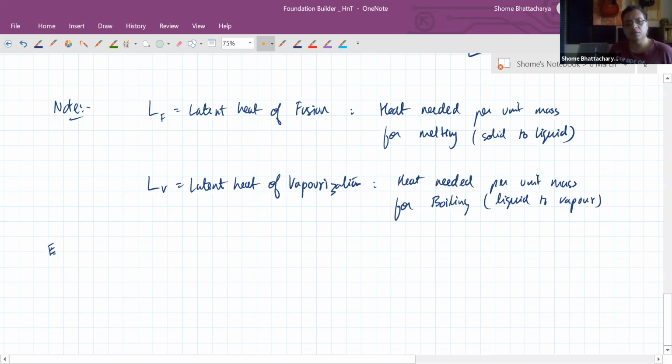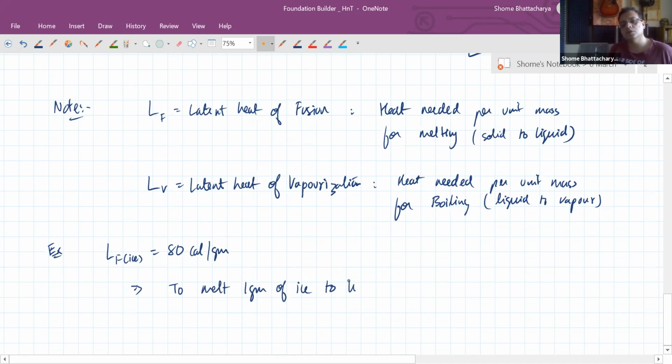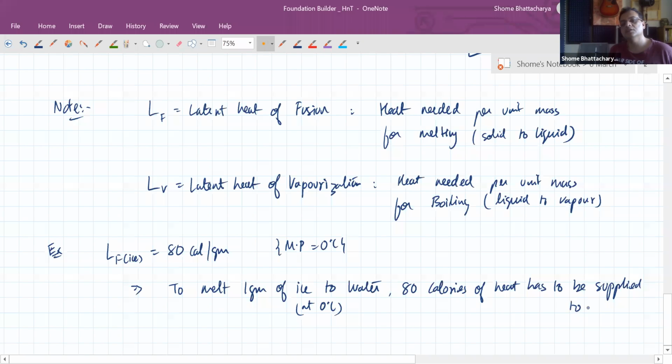But for example, latent heat of fusion for ice is about 80 calories per gram. So this means that to melt 1 gram of ice to water, of course the melting point is 0 degrees C, at 0 degrees C, 80 calories of heat has to be supplied to the ice.